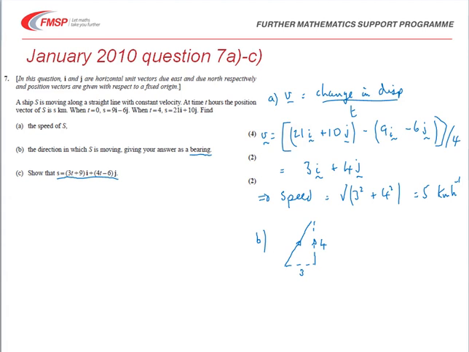Now we want a bearing, so the angle that we want to calculate is from north, so the bearing is tan to the minus 1 of 3 over 4, which turns out to be, to the nearest degree, 037 degrees, so 037 degrees as a bearing.